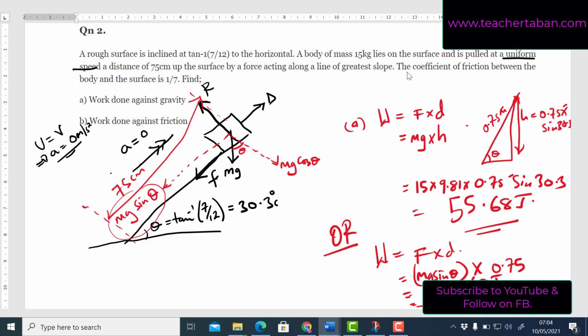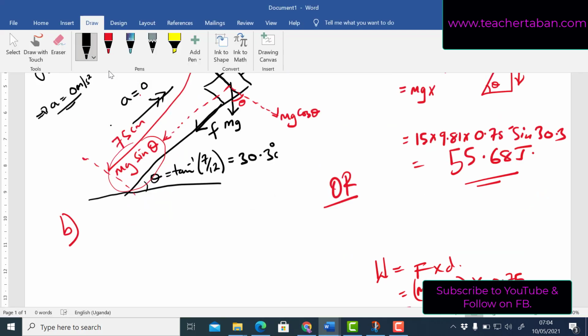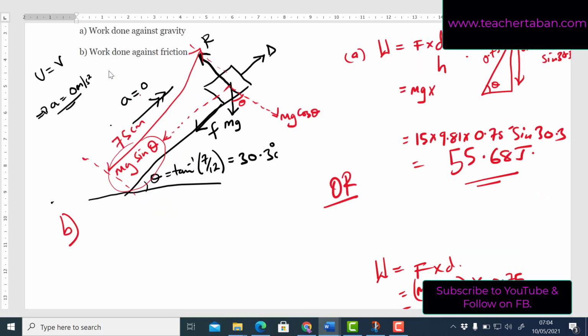55.68 joules. Then for part B, our work done against friction is equal to the frictional force times the distance moved. According to our diagram, our frictional force is given by μR times the distance d. And what is our R?